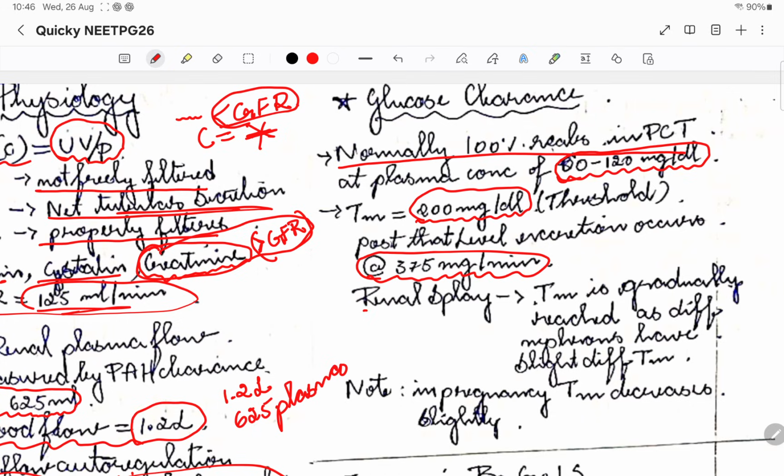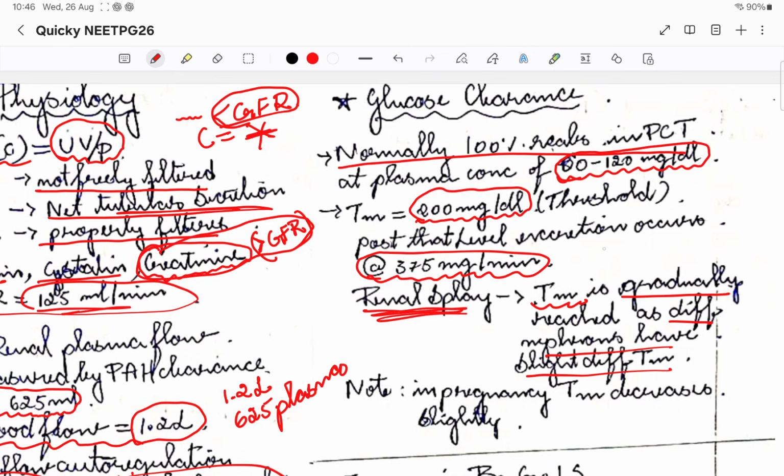So what does renal splay mean? This is in first year physiology, remember, right? Renal splay means that the transport maximum, the 200 milligrams per deciliter, will be reached gradually, because different nephrons have different TM. Not all the nephrons stop reabsorbing at exactly 200 milligrams per deciliter.